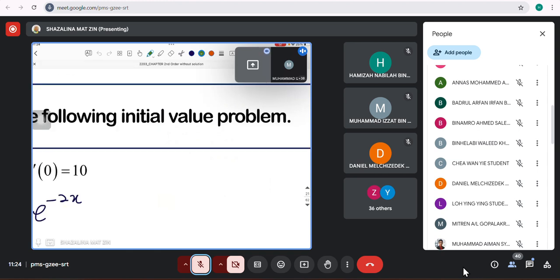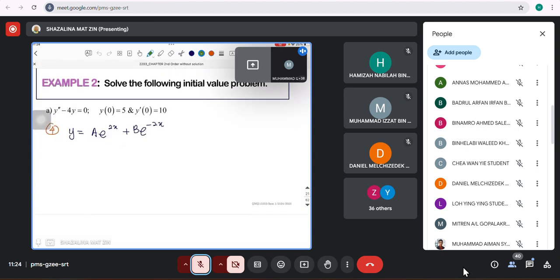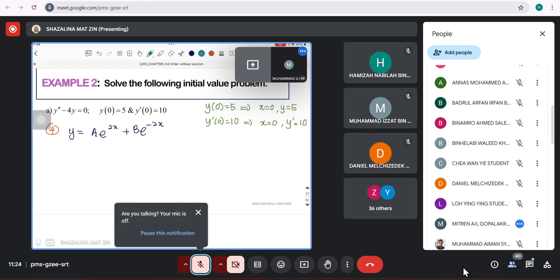The first one is y(0) equals 5. It means x equals 0, y equals 5. Condition number 2, y prime(0) equals 10. It means x equals 0 and y prime equals 10.